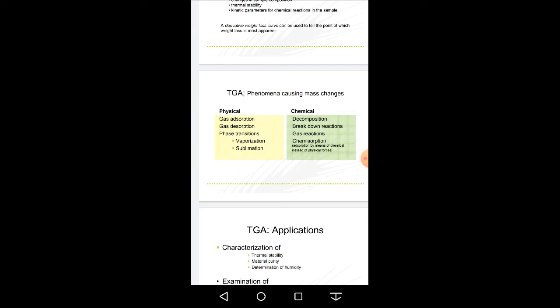And in chemical methods we have decomposition, breakdown reactions, gas reactions, and chemisorption, absorption by means of chemical instead of physical forces. So these are the different methods which are responsible for changes in mass.